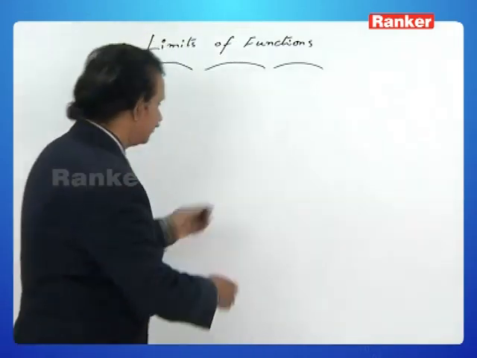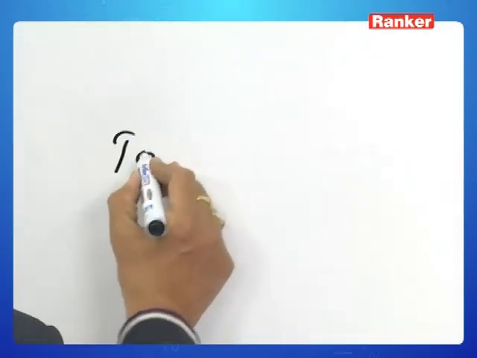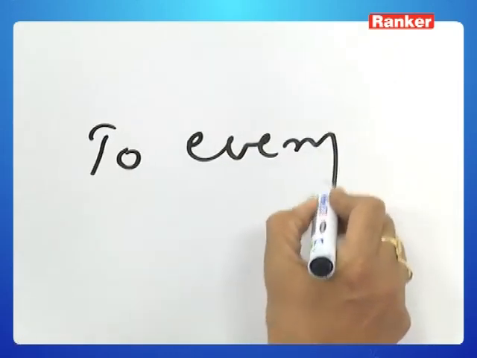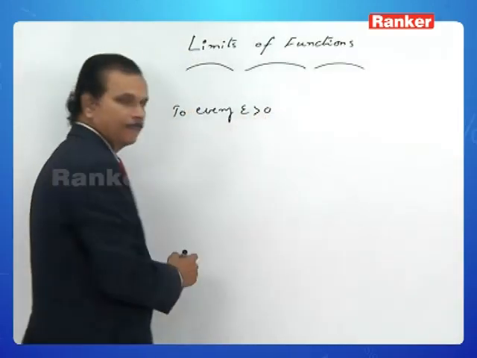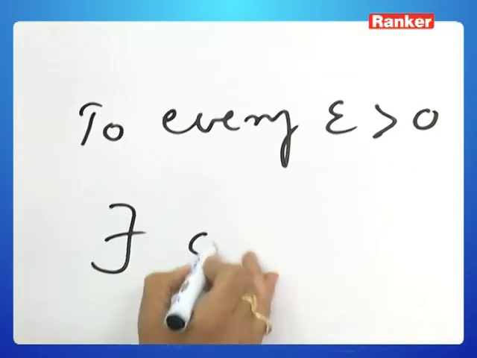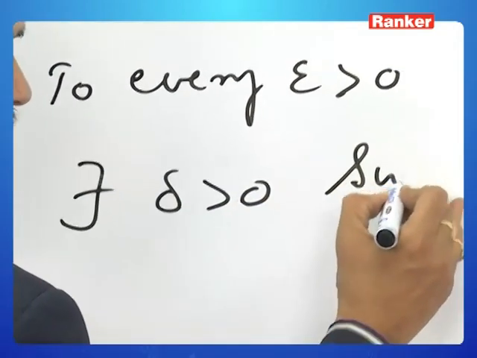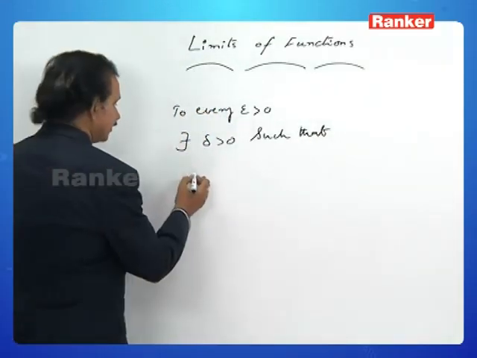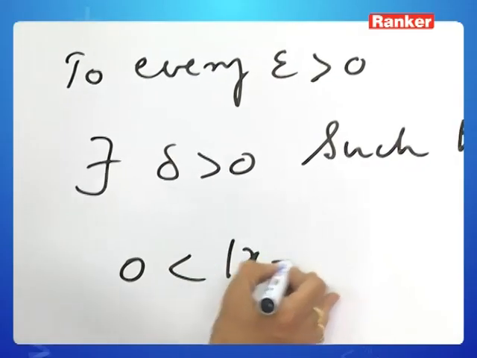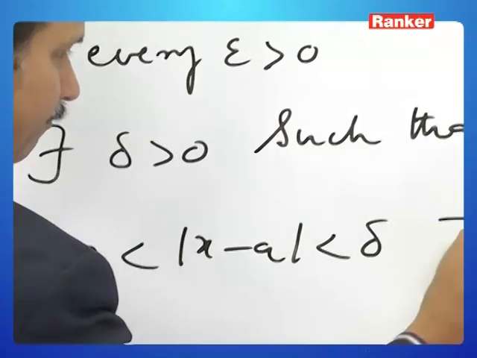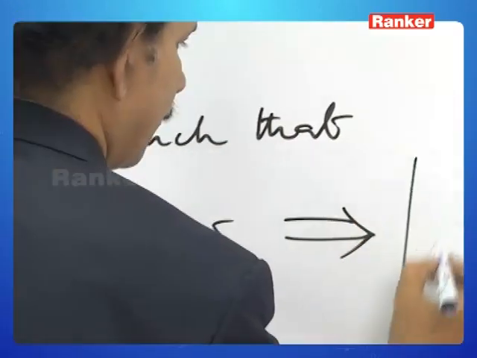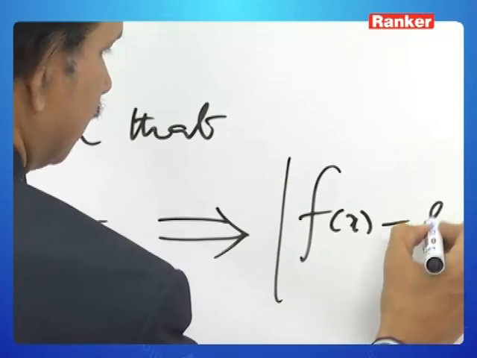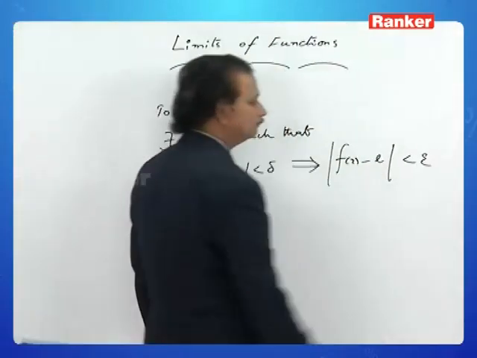What I mean to say is, to every epsilon greater than 0, there exists delta greater than 0 such that 0 less than mod x minus A less than delta implies mod f of x minus L less than epsilon.